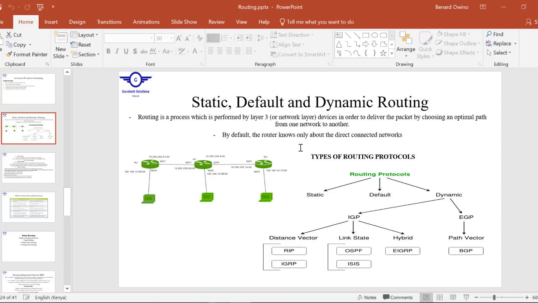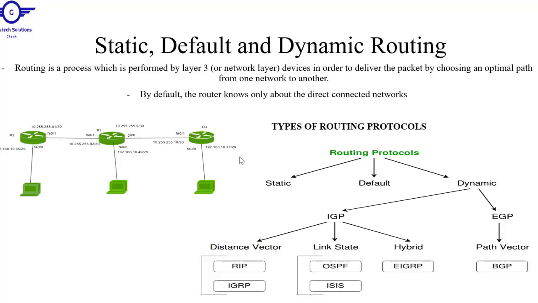By default, a router only knows about the directly connected networks. For example, in this topology here, this router only knows about the directly connected networks, this one and this one. This router 2 here doesn't know that router 3 exists.